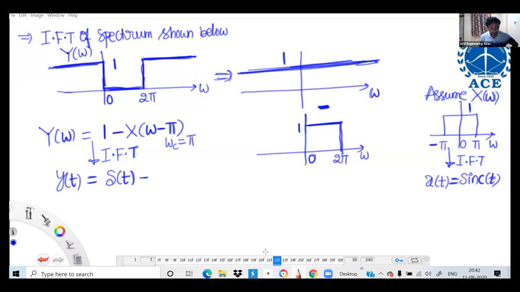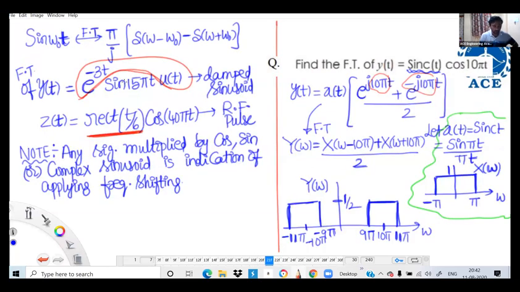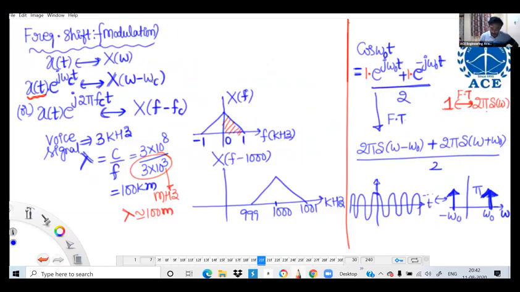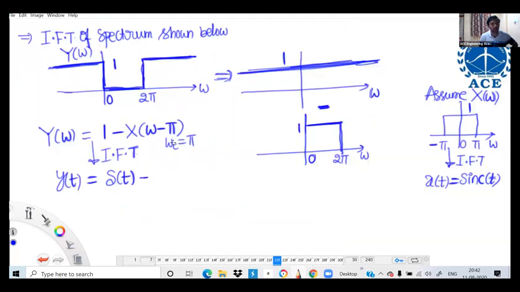According to the frequency shifting property, X of omega minus omega c, now that omega c is pi or not. So it is x of t e power j pi t. Delta t minus sinc t e power j pi t.